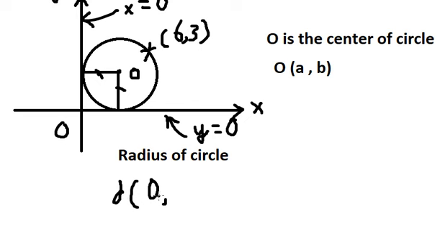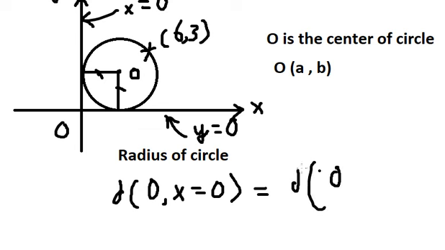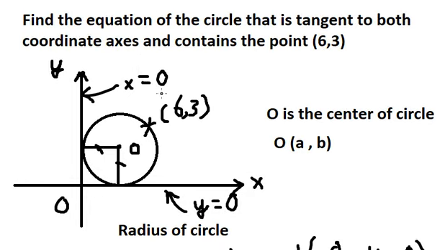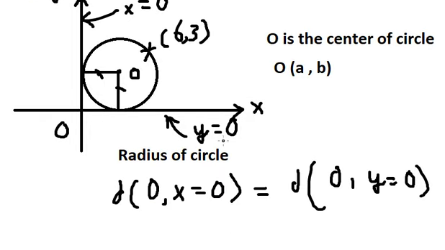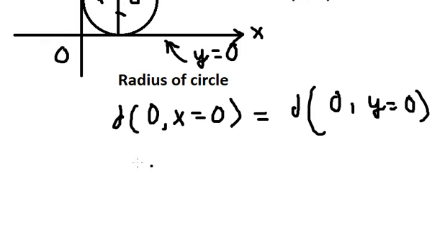So the distance between O and x equal to 0 equals the distance between the center O and y equal to 0. We know that x equal to 0 and y equal to 0 are the equations of the lines. Now we put the distance between the point and the line, and that should be like this.